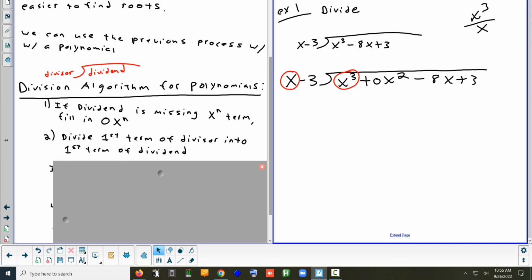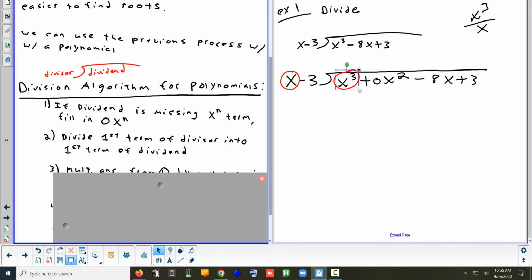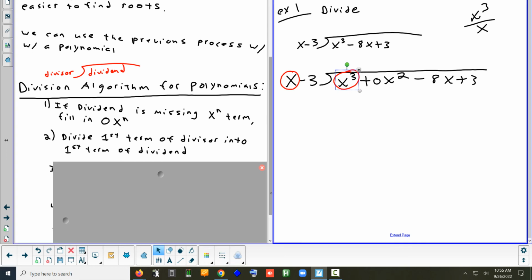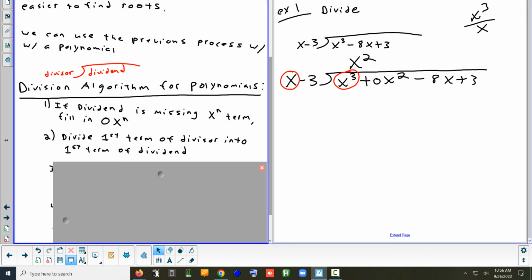You're dividing the first term of your divisor into the first term of the dividend. What is x cubed divided by x? x squared. Doesn't matter where you put this. Just put it up above the line anywhere you want, because what's above the line is going to represent our answer. So we have x squared. And that's step 2.